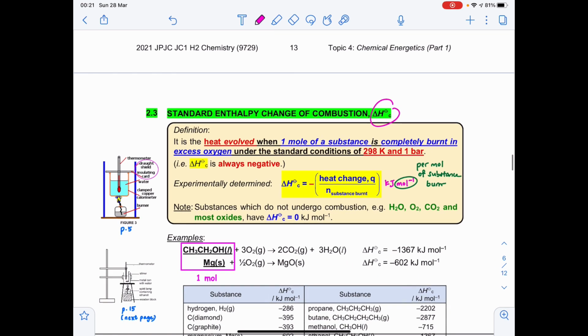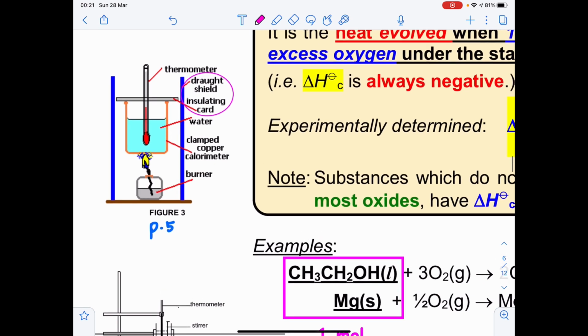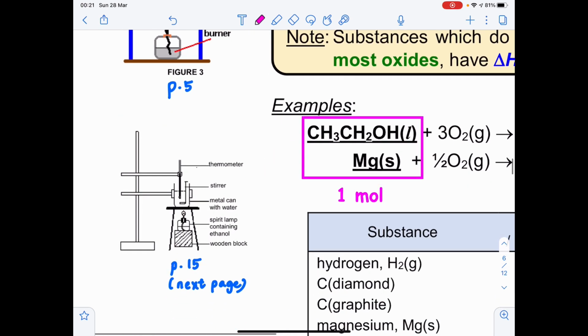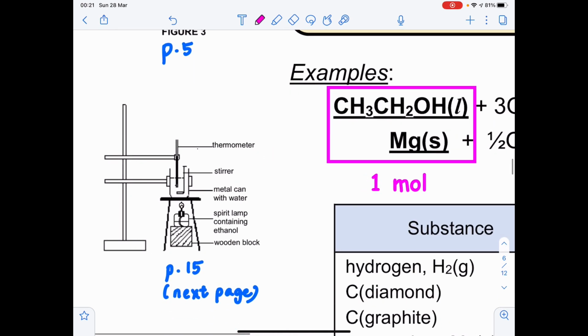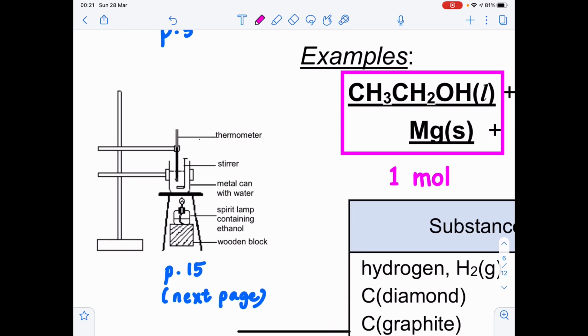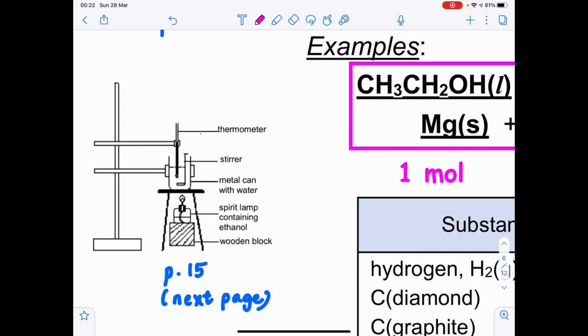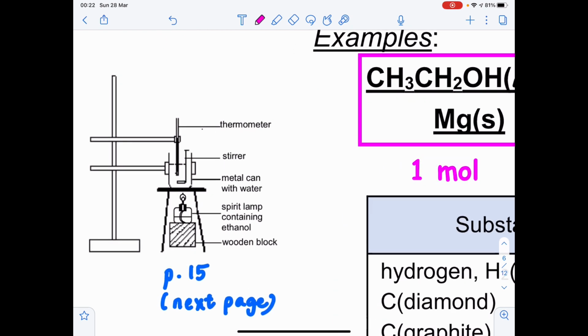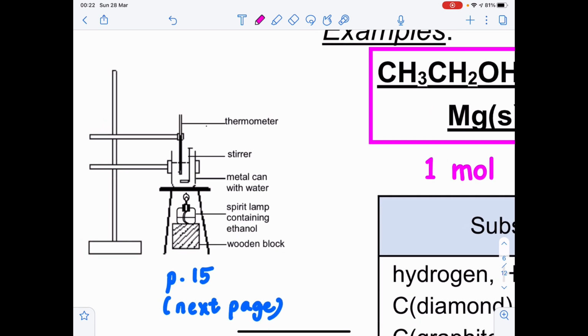The enthalpy change of combustion can be determined experimentally using this setup, where the heat evolved from the combustion process is transferred to a metal can with water. The temperature change of water in the metal can is measured in order to calculate the heat change Q of the reaction.